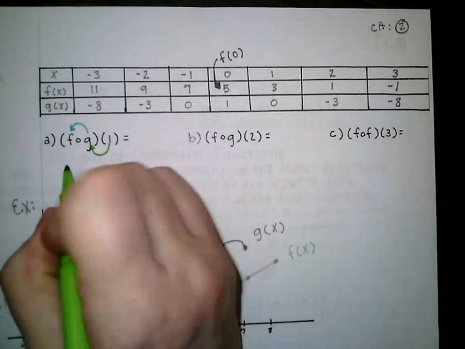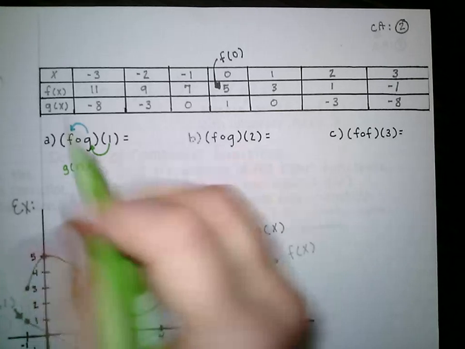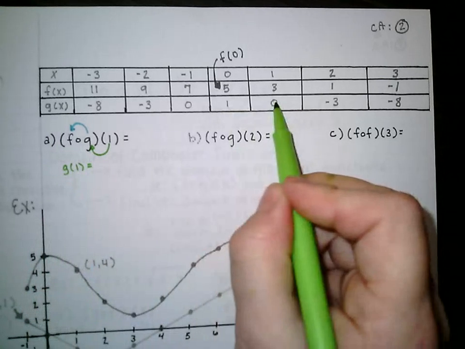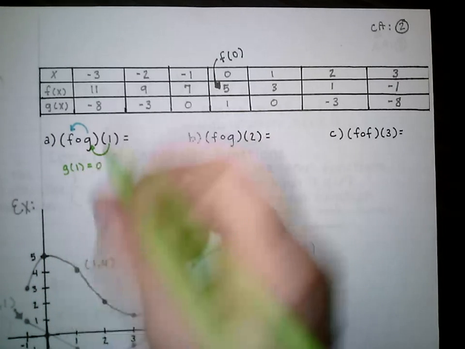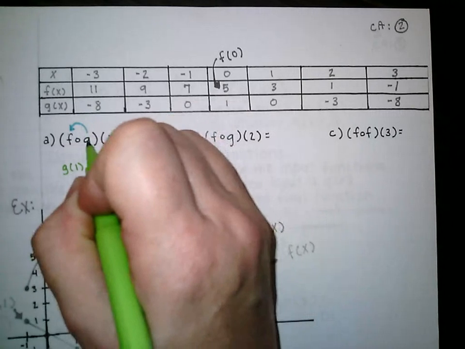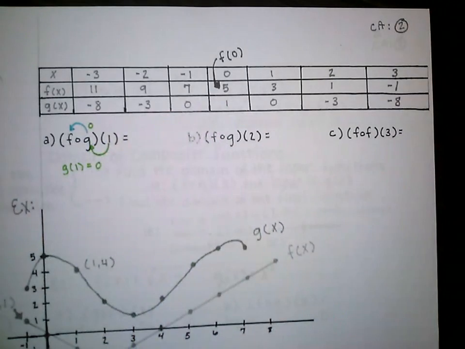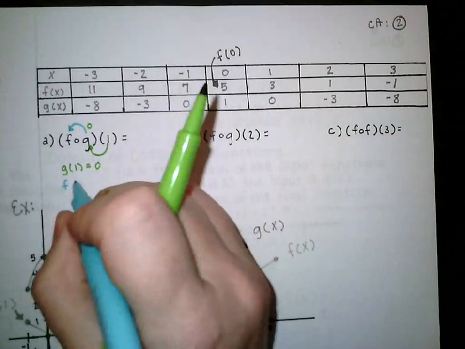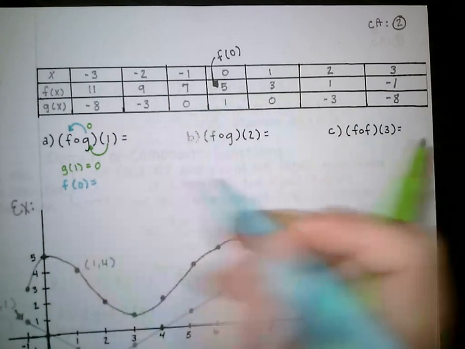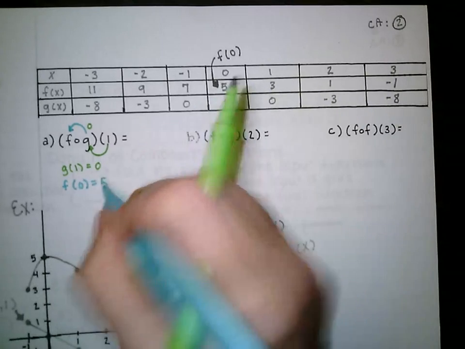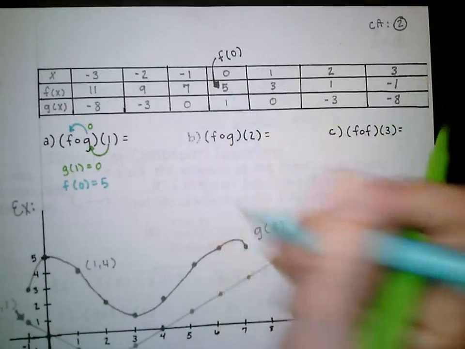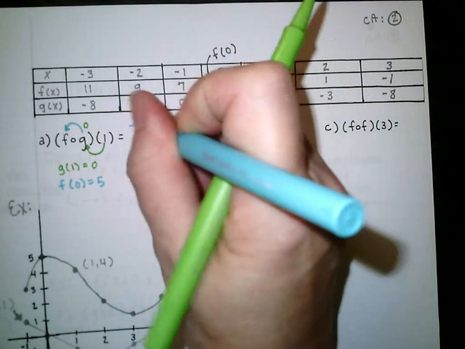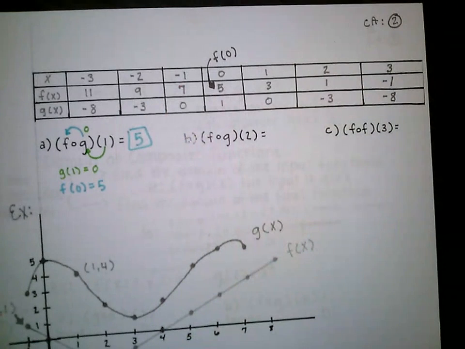So g of 1, we can look up in the table. g of x, when x is 1, g of 1 is 0. So the output, when we put 1 into g, is 0. So we're going to take 0 and put it into f. So f of 0 would be 5. f of x for 0 would be 5. So this answer is 5.